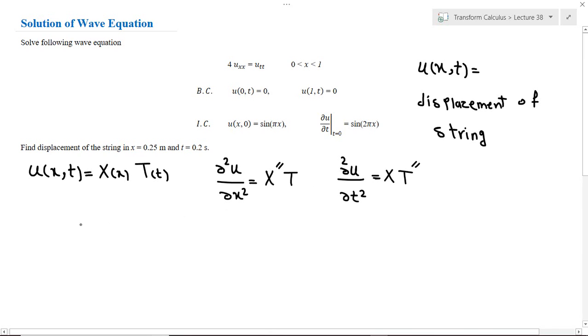Now I plug it in the equation, so as a result we have 4 times X double prime times T is equal to X times T double prime. So I can write it in this form. X double prime divided by X is equal to T double prime divided by 4T.